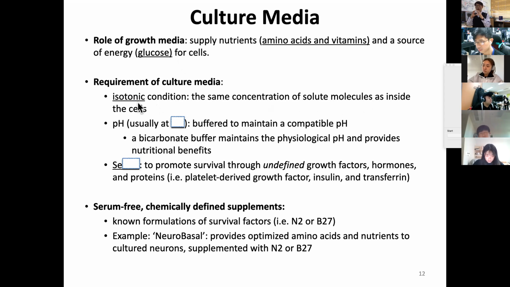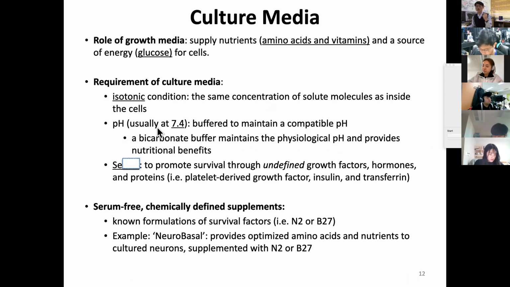Otherwise, through osmosis, the cells will either burst or shrink. You don't want that. And pH, you have to meet the pH, okay? We have a buffer to maintain a compatible pH. Bicarbonate buffer is used to maintain physiological pH and provide nutritional benefits. A good number to remember is about 7.4, which is our physiological pH.